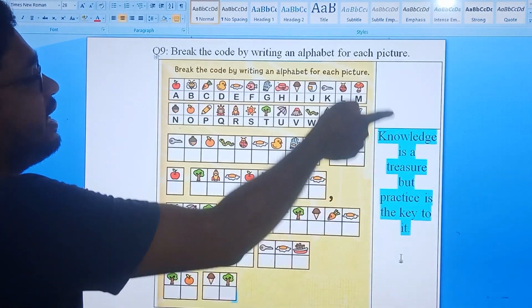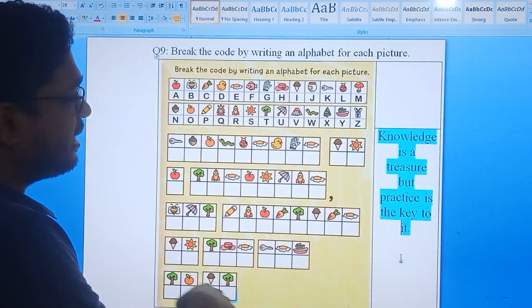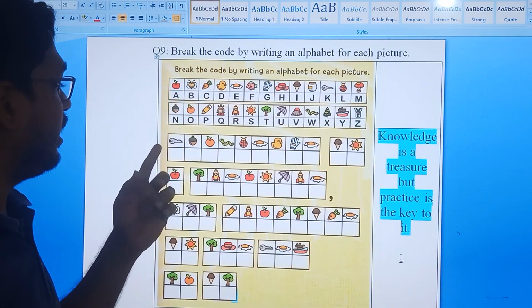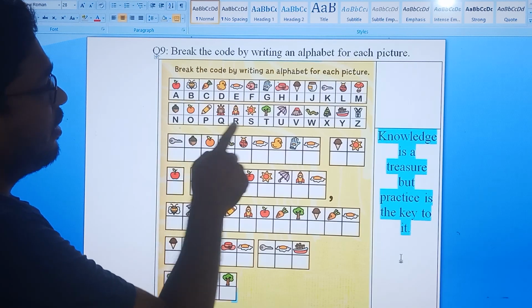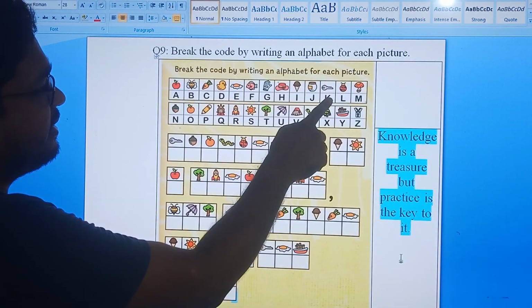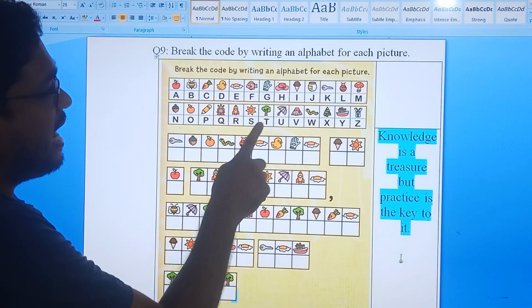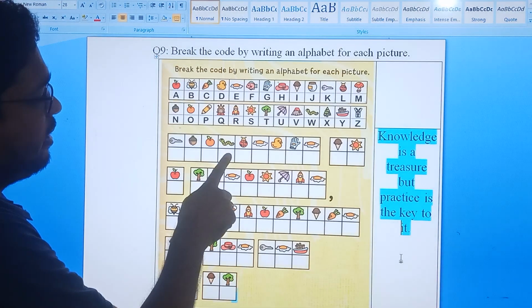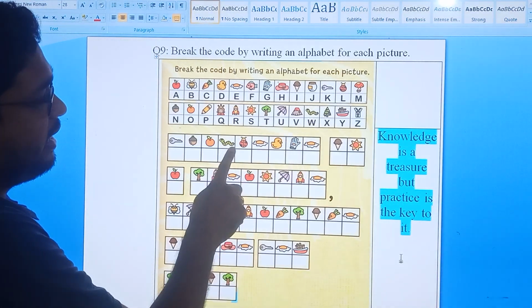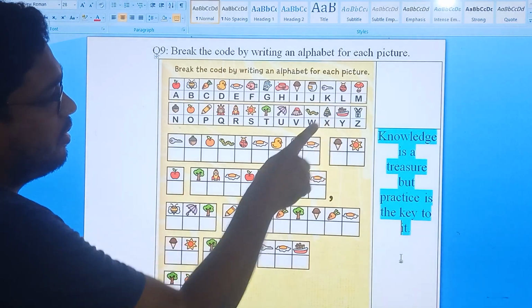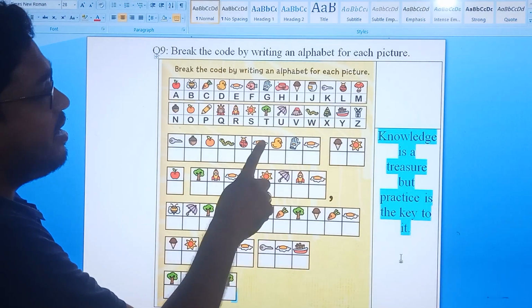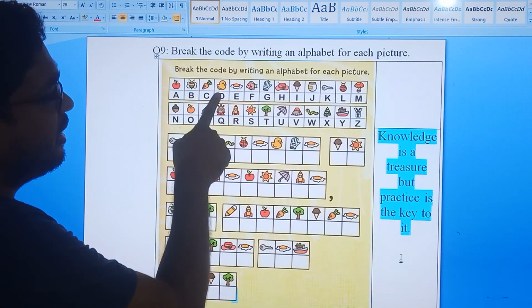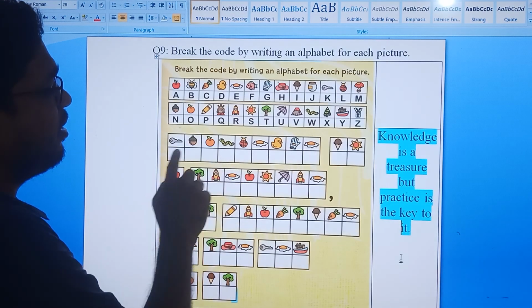Then the next question is a sentence. One sentence is here. You have to decode the sentence. So look at the first picture carefully. It's K. Look at where K is. Here is K. Next, it's N. It's O. Then it's W. It's L. Then it's E. Where is E? Here it is E. Then it's D. Then it's G and E. So what is the word?